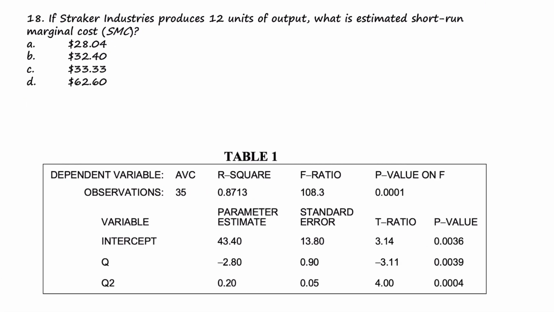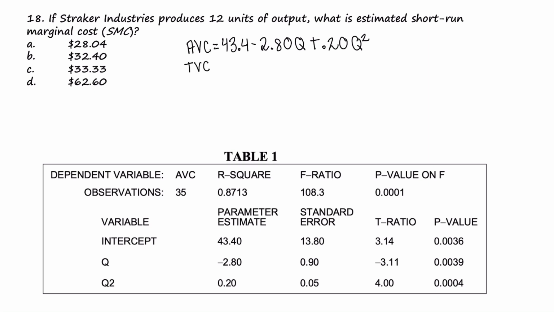18 says if they produce 12 units of output, what is the estimated short-run marginal cost? So we have our average variable cost from the regression output, and we've used it multiple times at this point. So it's 43.4 minus 2.80 Q plus 0.20 Q squared.